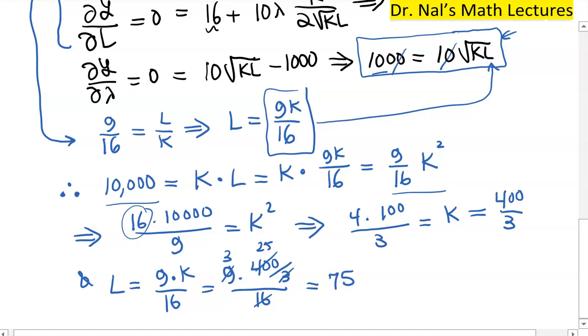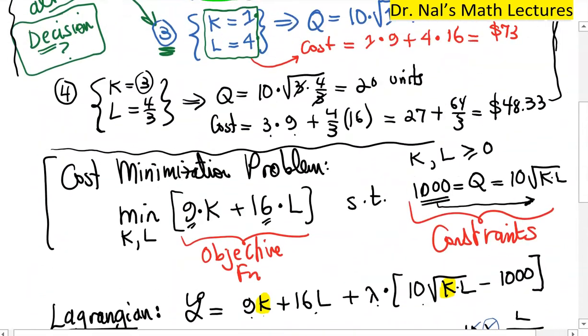So this is the optimal allocation, the cost minimizing amounts for K and L. 400 over 3 units of capital and 75 units of labor is the combination which will minimize the cost of producing 1000 units of output.